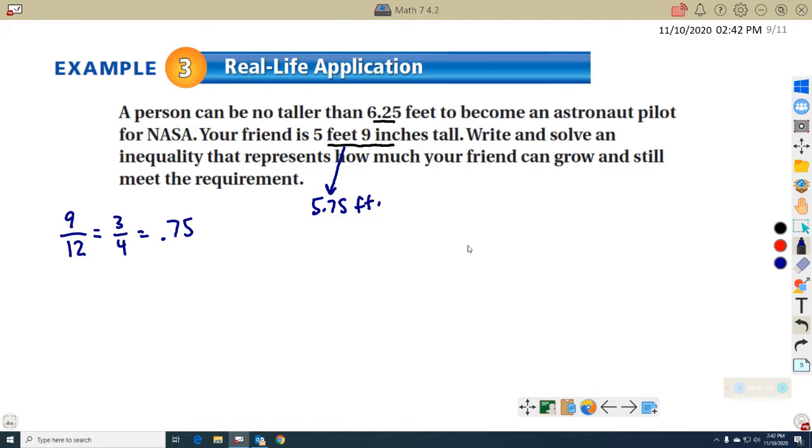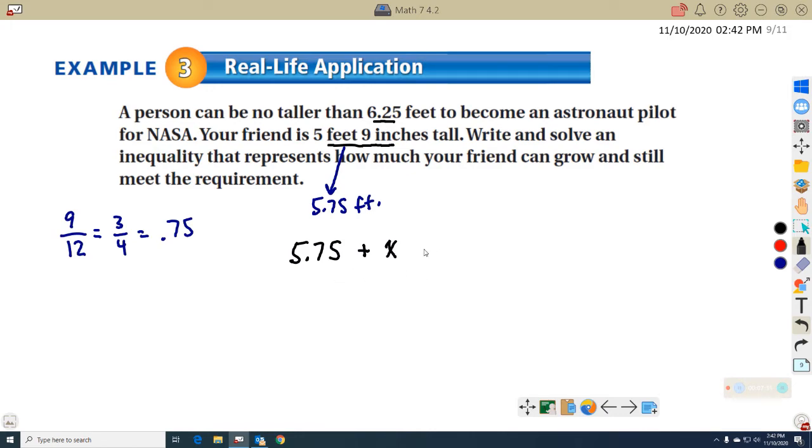Okay, let's write the inequality because we want to know how much your friend can grow and still meet the requirement. So they're starting at 5.75 feet. And by growing, they're going to what? Increase their height. So we're going to add some unknown number of feet to that.